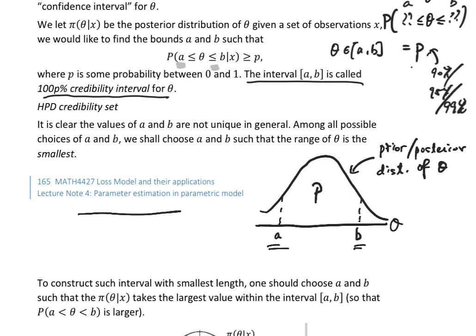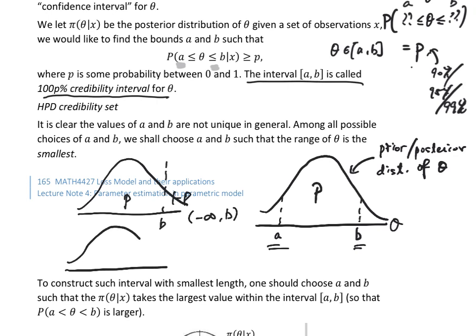For example, if you consider the left tail like this, then your interval will be from minus infinity up to B. You can also choose the other side. Or let's say the middle one, then your interval will be between A and B.